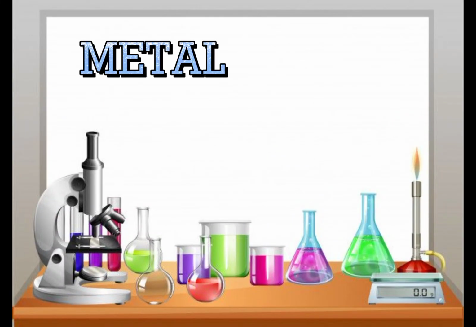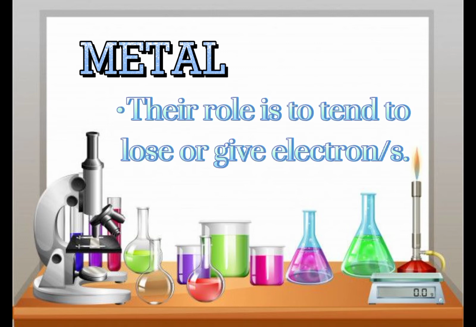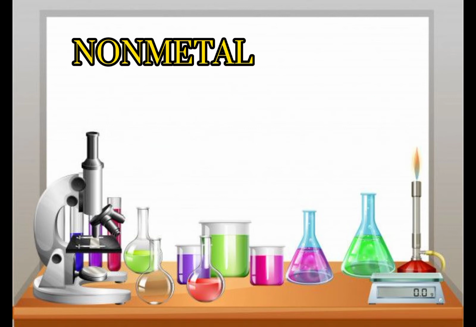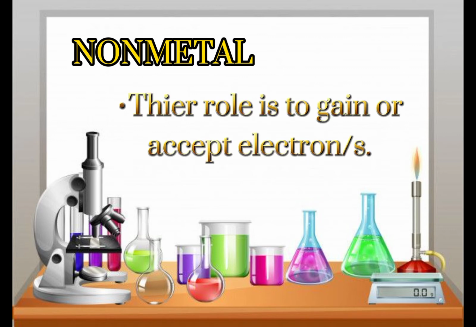The metals aluminum, calcium, lithium, and beryllium tend to lose or give electrons. And the nonmetals bromine, carbon, chlorine, fluorine, hydrogen, nitrogen, oxygen, phosphorus, sulfur, and iodine, their role is to gain or accept electrons.